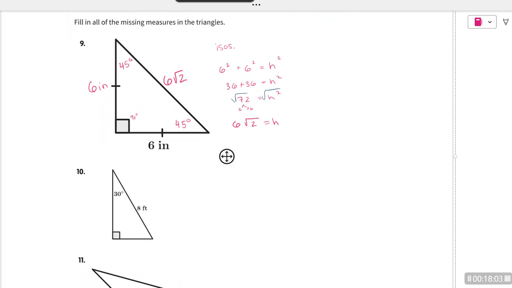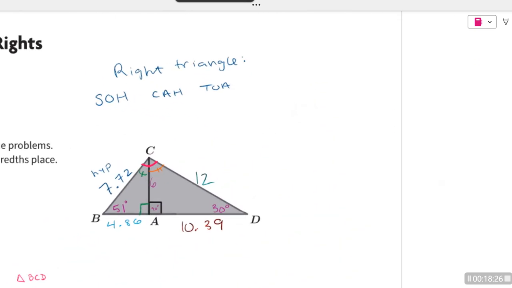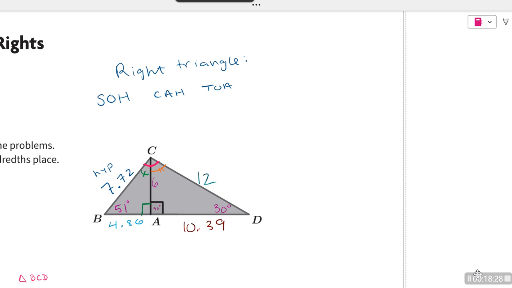Okay, let's go on down. This one we know, we have a 90-degree angle here, and it tells us that top angle is 30, which means there must be 60 left, right? So for this one, again, we can try to use our special right triangles, or we can try to use trig if we want, but we're going to go to the special right triangle that we saw. If we scroll up to our triangle right here, this was also a 30, 60, 90, right?